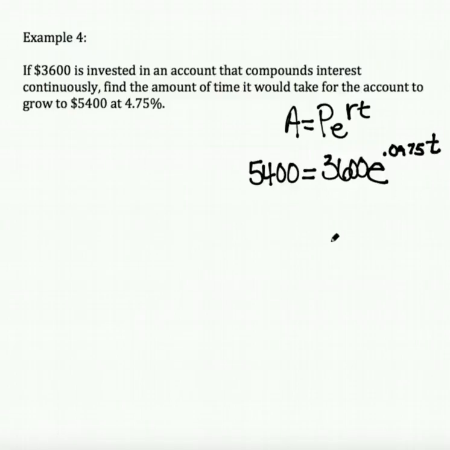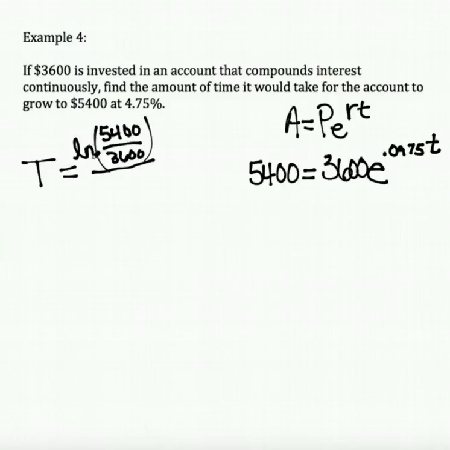Again, you can set it up this way and solve this equation, but it's easier to use our formula of T is equal to, in this case, we're not doubling. Okay, 3,600 to 5,400 is not doubling. So that is why we're going to do 5,400 over 3,600, and we're going to do the natural log of that. So the 2 is for doubling, but we're not quite doubling here.